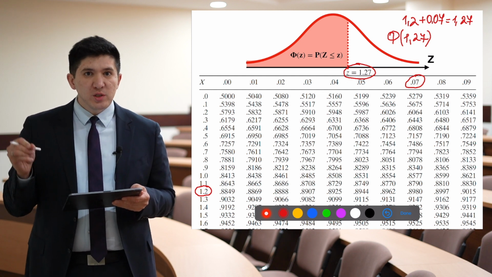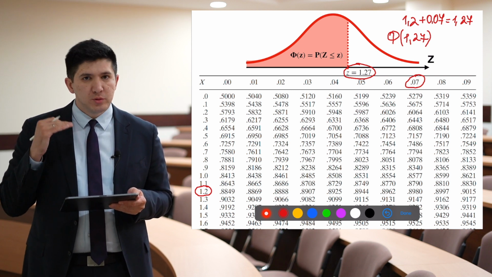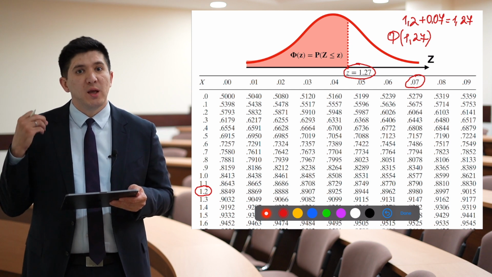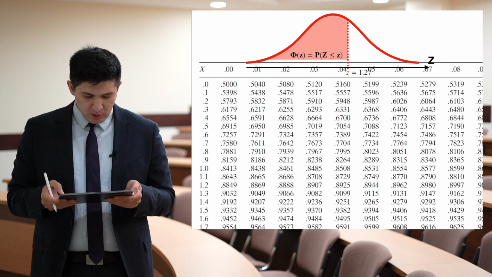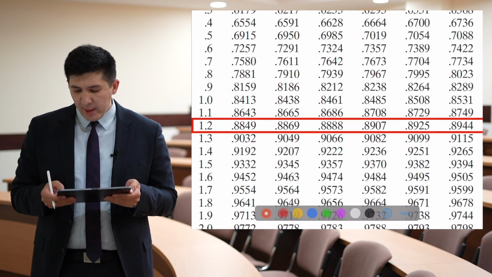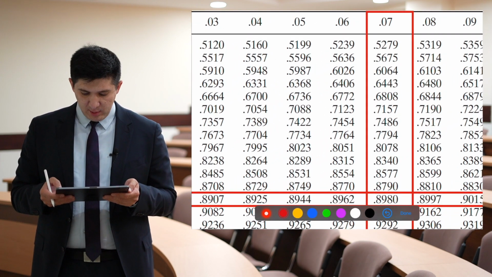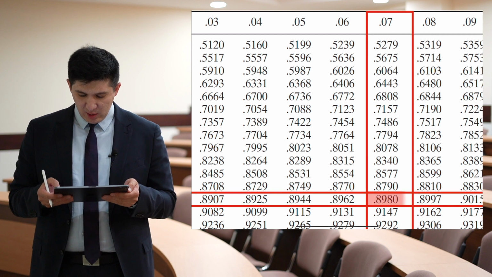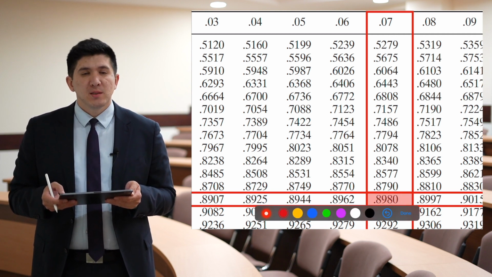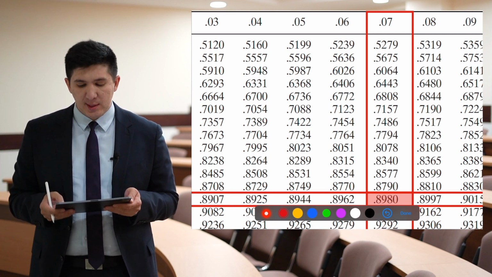The value at the intersection of that particular row and that particular column is going to be the value of phi. So I'm going to go to the row where 1.2 is located, and then to the column where 0.07 is located, and the intersection is 0.8980, which is the value of phi, the area up to 1.27.